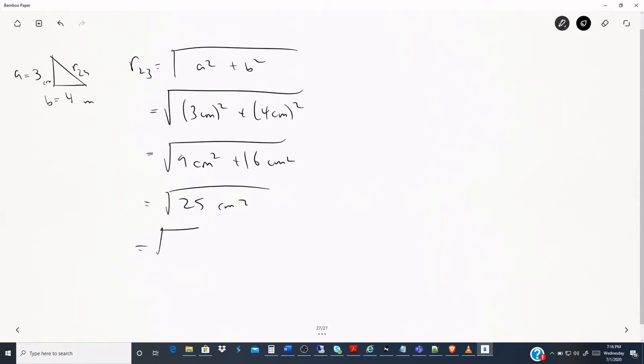And then this is the square root of 25 centimeters squared. That's 5 centimeters. So R23 is 5 centimeters.